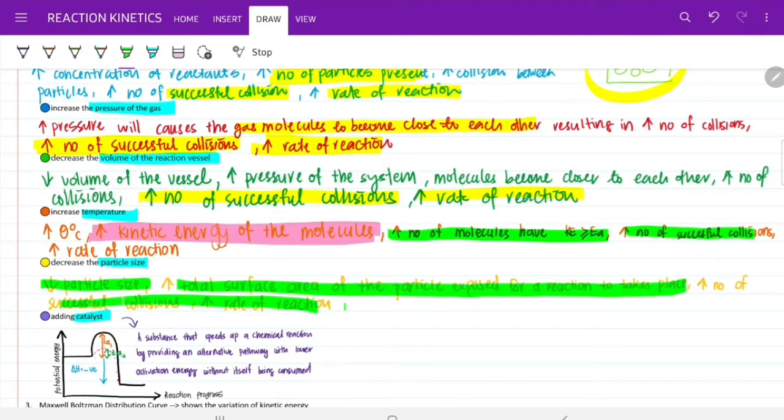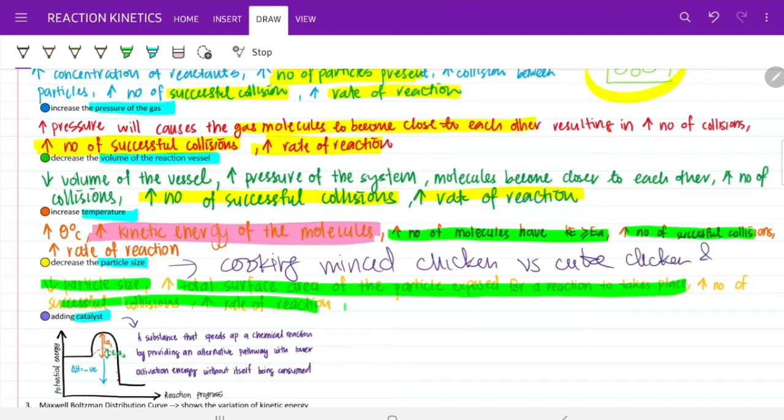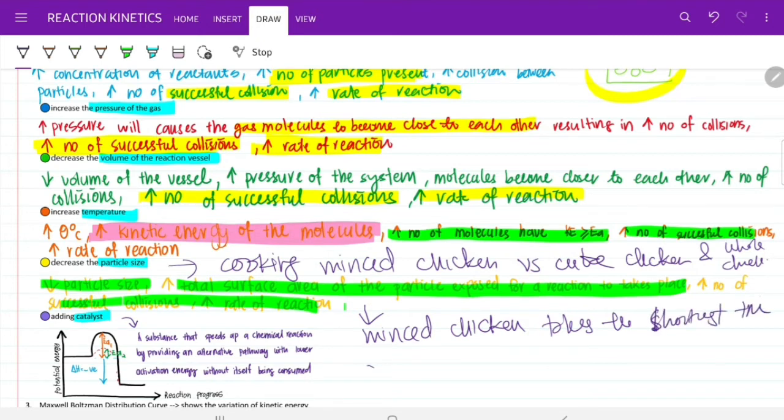So what I compared just now is in terms of cooking minced chicken versus cube chicken and the whole chicken. Minced chicken takes the shortest time to cook because it has the smallest particle size.